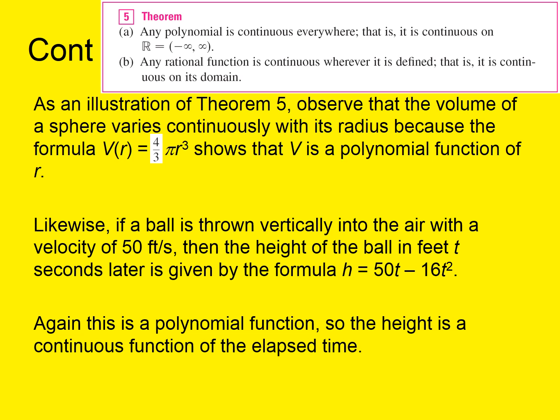If a ball is thrown vertically in the air with a velocity of 50 feet per second, then the height of the ball is another polynomial function. And so height is a continuous function of time.